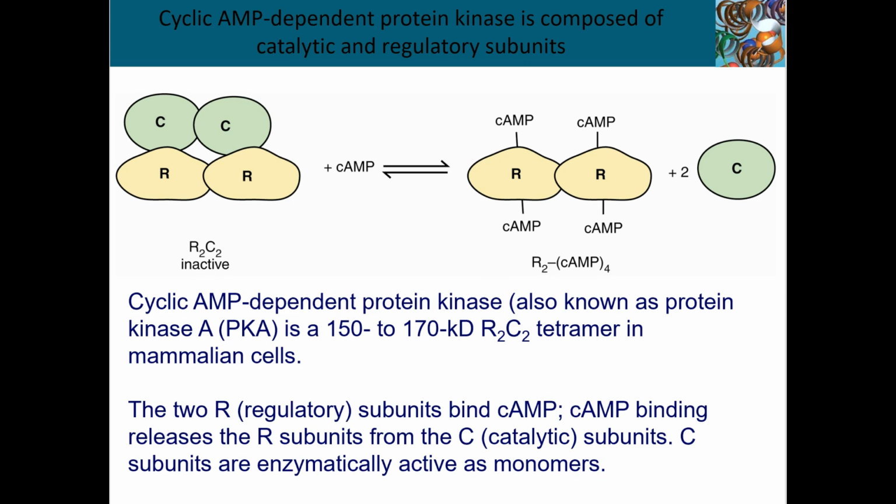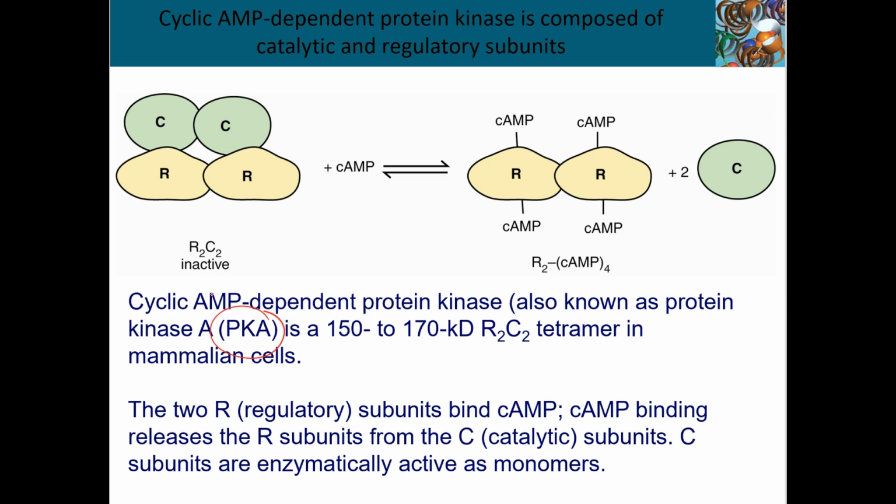When I was looking at this, what got me confused was that I was focused on the function of cyclic AMP in regulating the phosphorylation of the system we're discussing. And what I realized is this slide is here specifically just to introduce the notion that cyclic AMP acts to activate protein kinase A. So this slide pertains to cyclic AMP-dependent protein kinase, also known as PKA, which is the tetramer we were discussing.